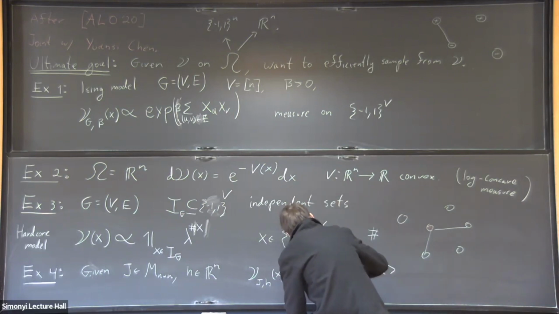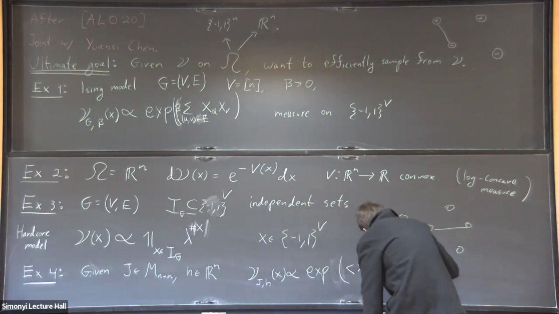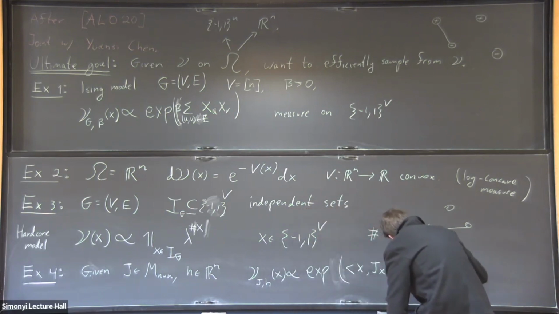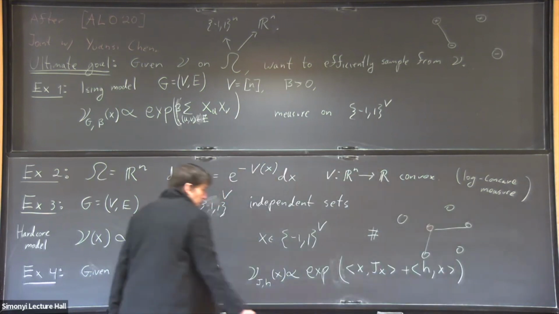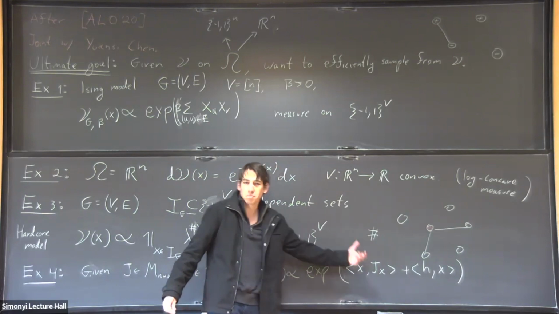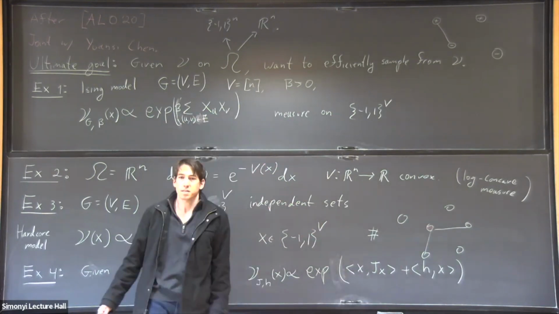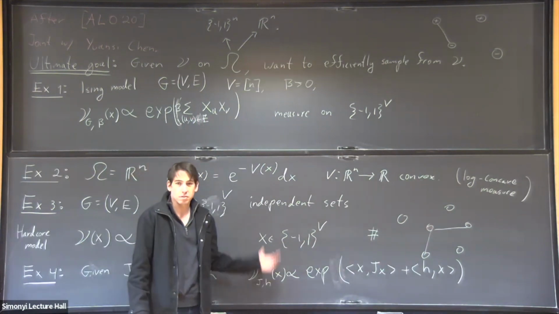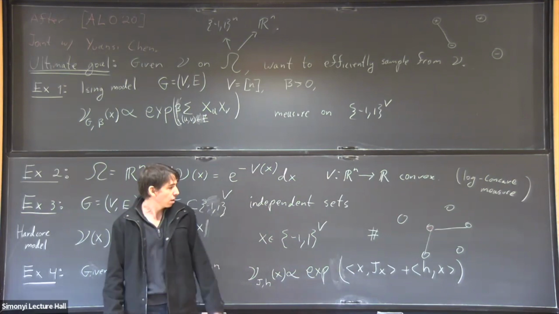Maybe let's even omit the 1/2, it doesn't matter too much, plus h dot x. So it's pretty clear that by taking J to be some constant times the adjacency matrix of the graph, this is just a generalization of this, okay?